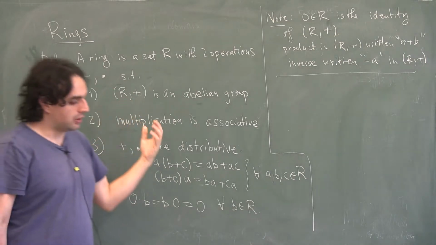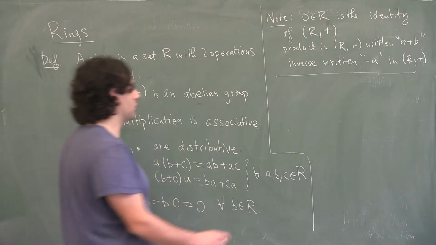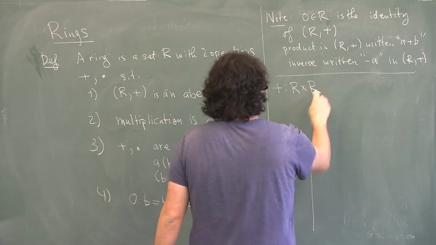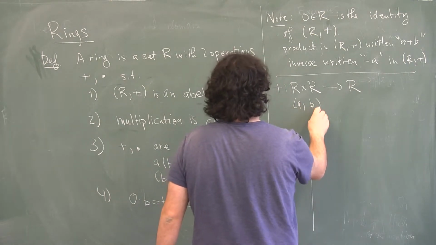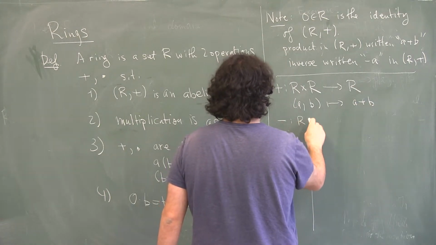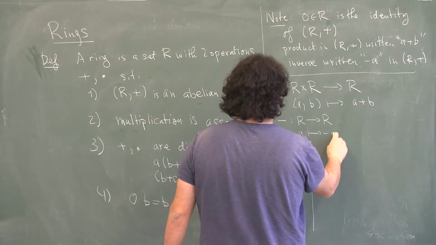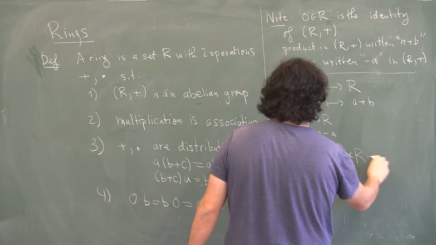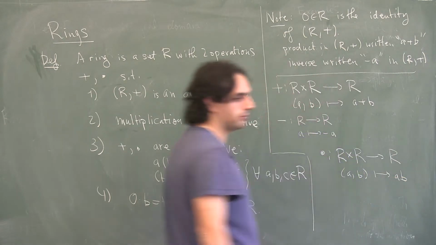Now, a slightly more abstract way of saying this, instead of saying I have a group with two operations, like we did in the group case, we can say that plus is a function from the Cartesian product R times R to R that takes a pair A comma B to A plus B, that minus is an inversion function from R to R, which takes an element A to minus A, and similarly that times is again a function from R times R to R, which takes a pair A comma B to A times B. Okay?